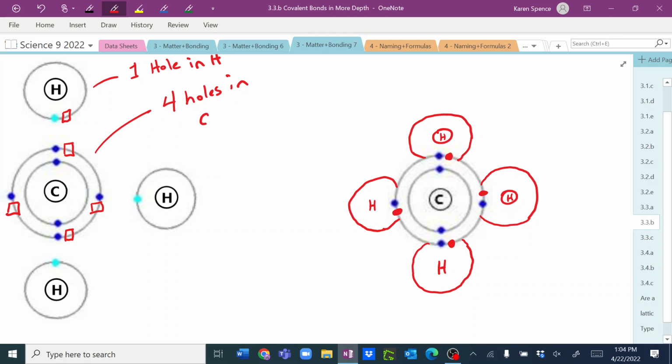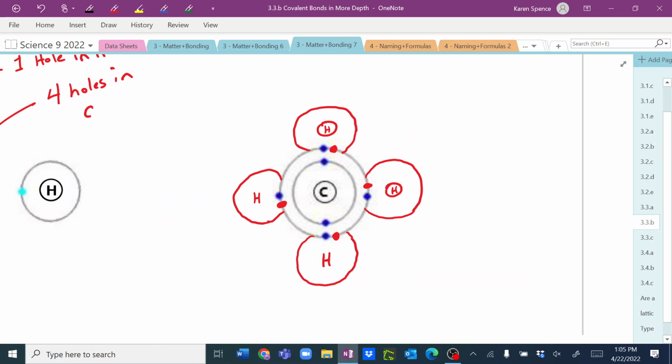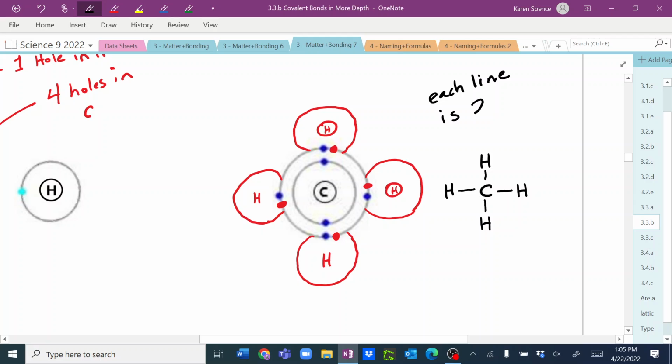Yes, they are. How would we draw this is called a structural diagram. So if I put carbon here, and I put my hydrogen here, and here, and here, and here, what would I draw in between the hydrogens and the carbons? I would draw lines, and each line represents how many electrons? 2 electrons. Each line is 2 electrons.